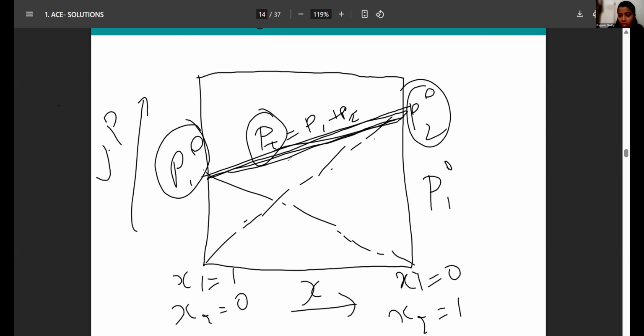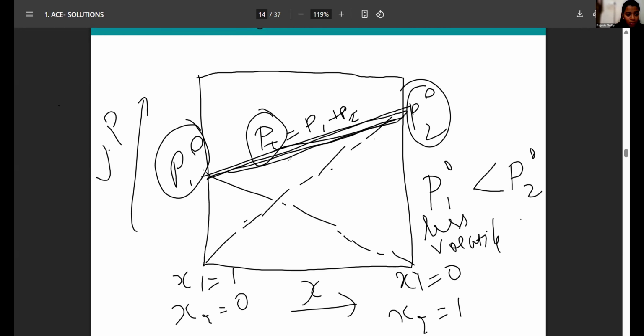P1 naught is less than P2 naught. So component 1 is less volatile. This is less volatile, and this is more volatile when compared to P1 naught. So as of now, this is all about Raoult's law.